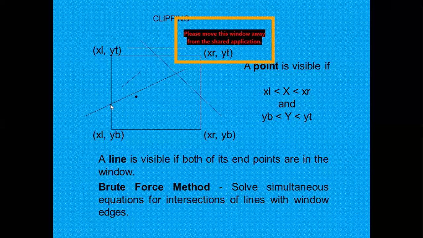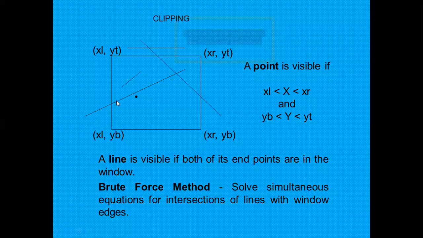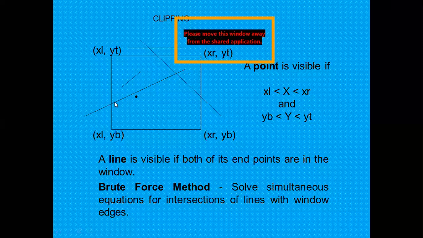After that, from this intersecting point, because this is touching here on the window edge, the remaining line which is lying inside this rectangle is visible. So this is the visible portion from this point to this point.